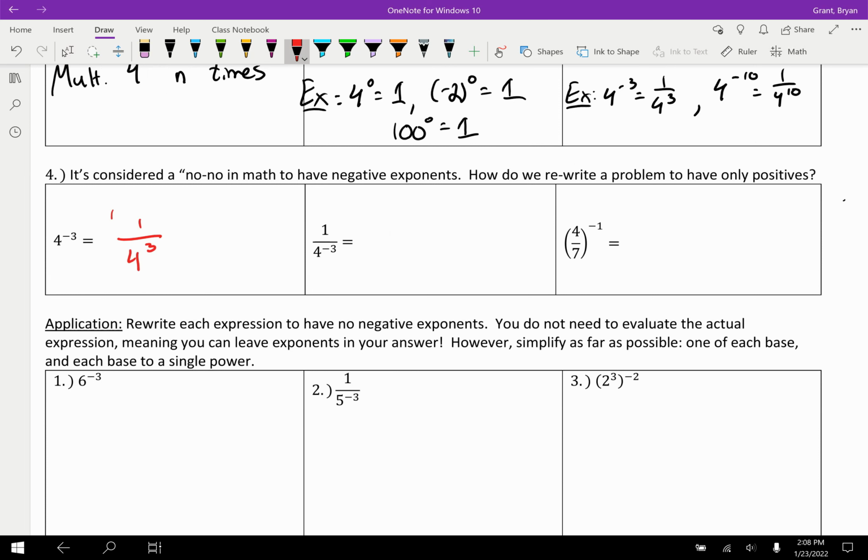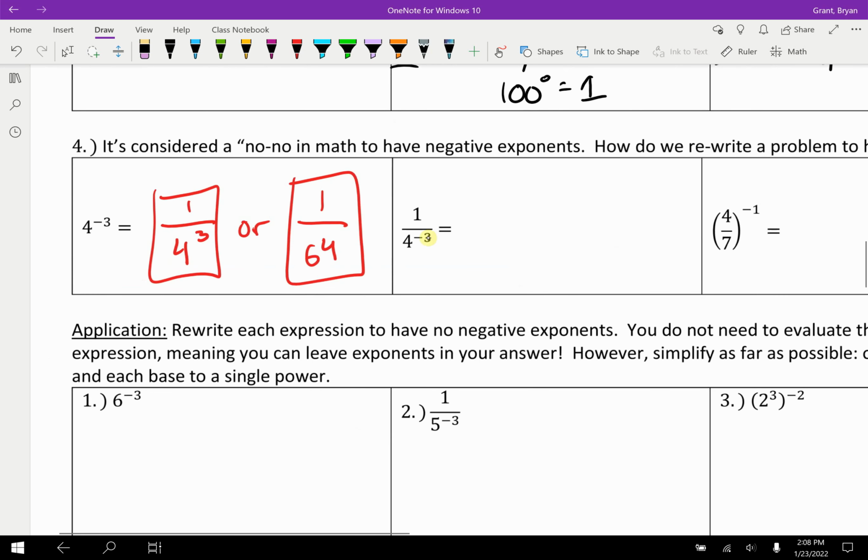And that's fine, right? You could, if you really wanted, evaluate this. You could do 4 to the third, that's 64, and get that as an answer. However, a lot of us will just stop here. It's a little bit quicker. But either way, positive exponent, and over here we don't even have an exponent, which is totally fine. What would happen if this is in the denominator, though?